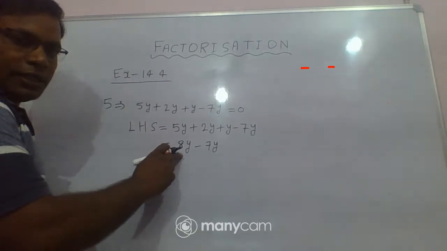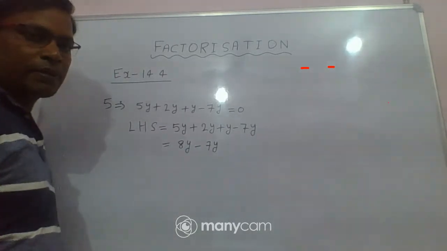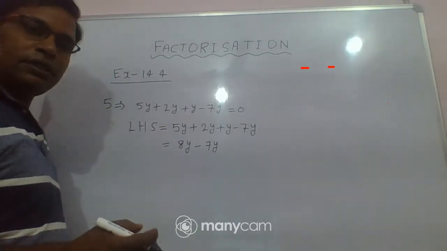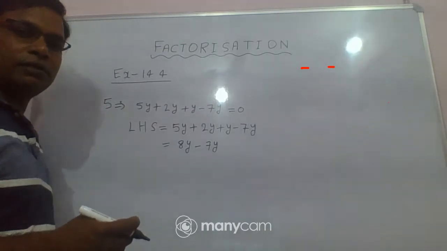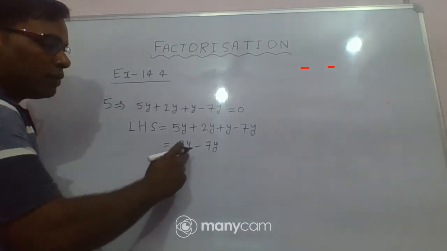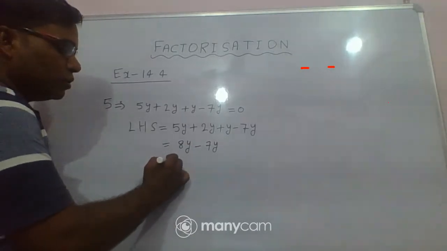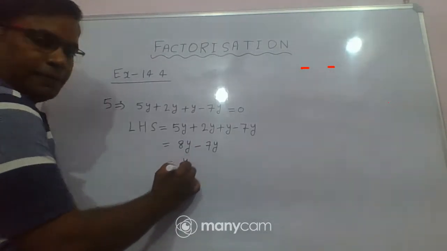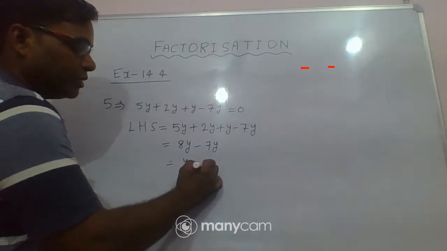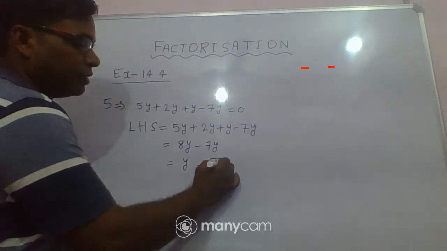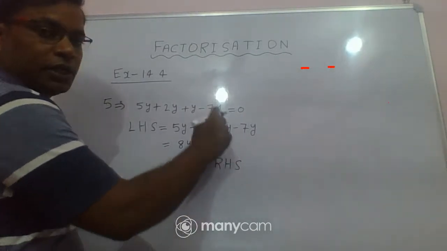Now 8y minus 7y. You can see here y and y both are like terms. The coefficient of this y is 8 and the coefficient of this y is 7. So subtraction or addition of like terms is possible. So 8y minus 7y is equal to, you can write only y.